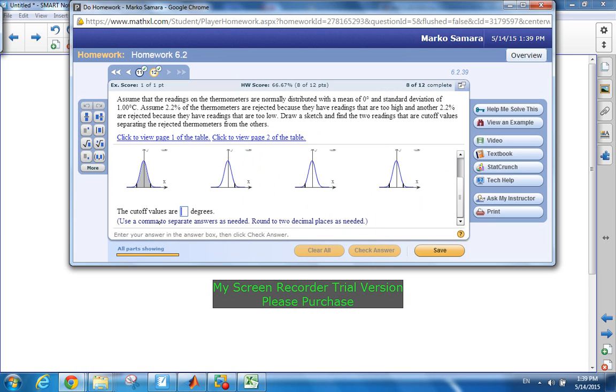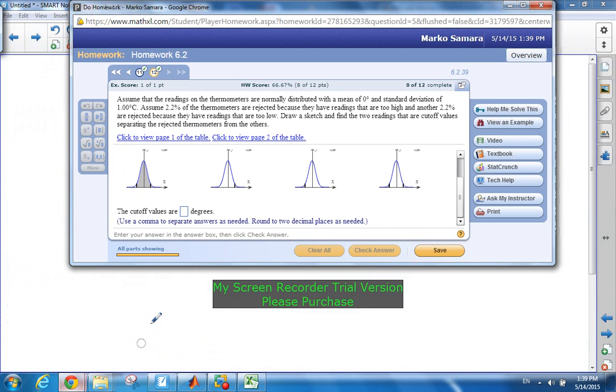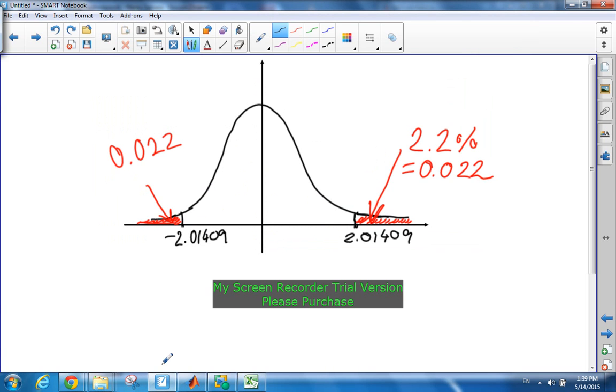And the cutoff values are, so let us find the cutoff values. We actually found them, all right, but we are not done. It says use a comma to separate the answers. So of course, since we have two cutoff values, we need to put both of them and separate with a comma. But it also says round to 2 decimal places. So how do we round to 2 decimal places?